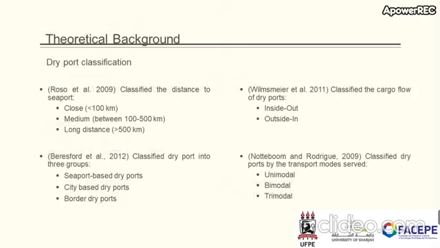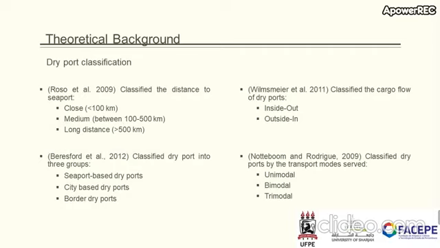So the theoretical background that we present here is first the four kinds of classification of dry ports. Considering the main authors about this subject, Roosevelt 2009 classified the dry ports considering the distance to seaport in close, medium, or long distance dry ports.